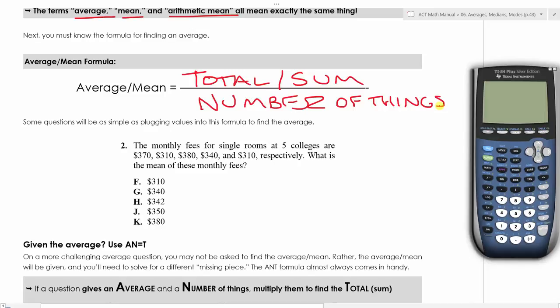And all of you should remember that. It's pretty basic information. So your formula in terms of just letters would be average equals total over number of things, total being the sum of the numbers. So this little formula here is going to become important in a moment in our next section, so you might want to jot that down.